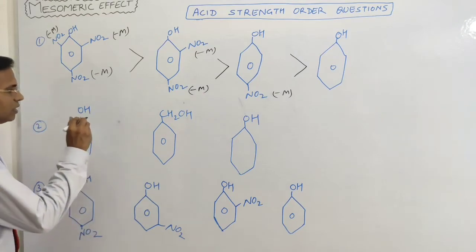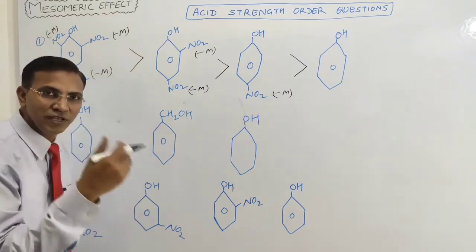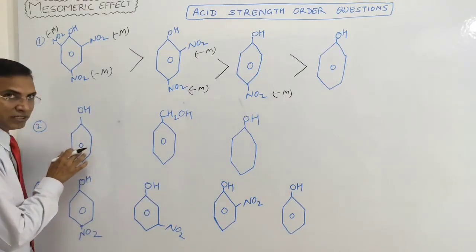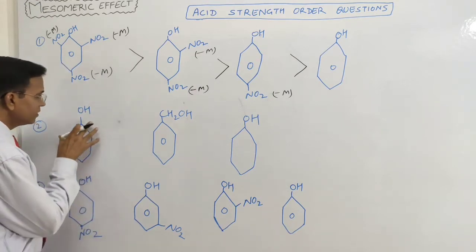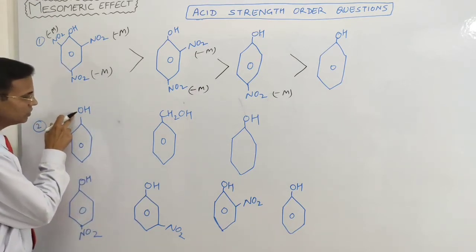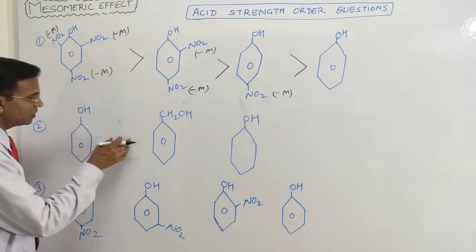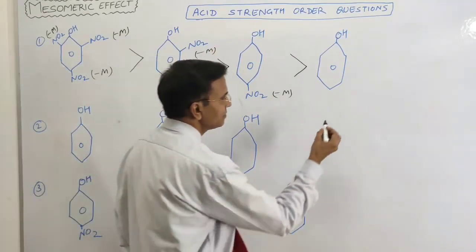So the OH group easily breaks and easily gives H positive, and the more it does so, the more the acid strength. Here the benzene is an electron withdrawing group, so the oxygen lone pair of electrons is in conjugation with the benzene ring and gives phenoxide ion after H positive is released.